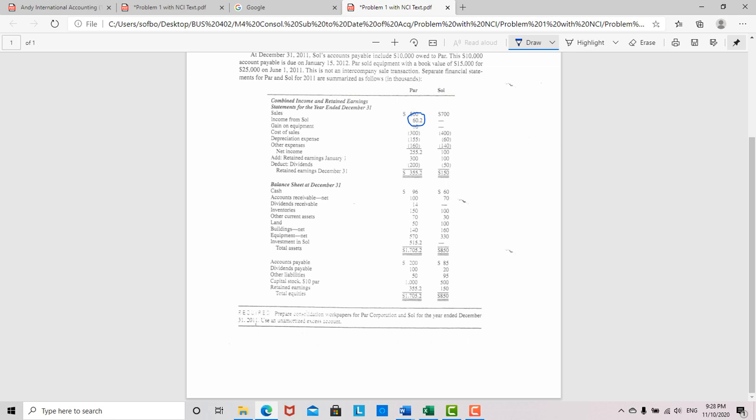The parent, Par, in its own accounting system, has used the equity method and computed income from Sol of 60,200, whatever the units are, 60.2. So you always look to make sure that before doing a consolidation and transferring the parent's financial statements to the consolidation worksheet, it has already used the equity method. Well, it has, because you've got the income from Sol account. That's the result of using the equity method.